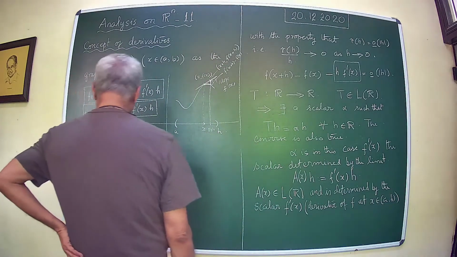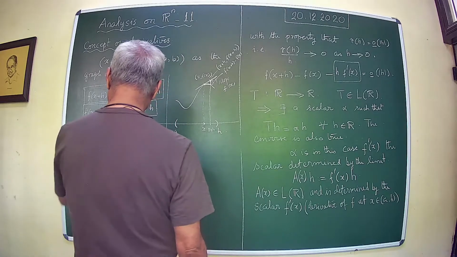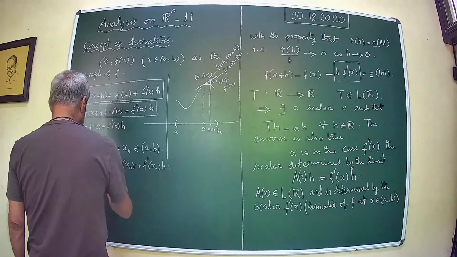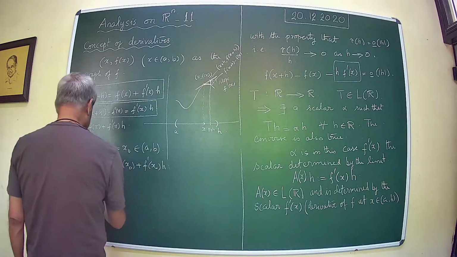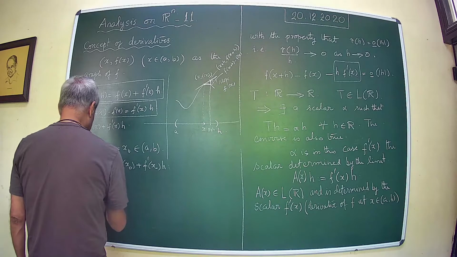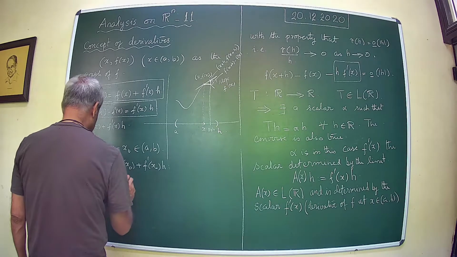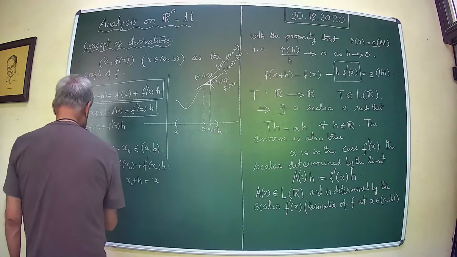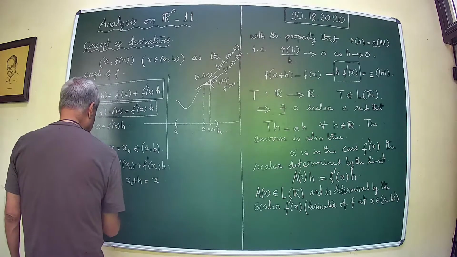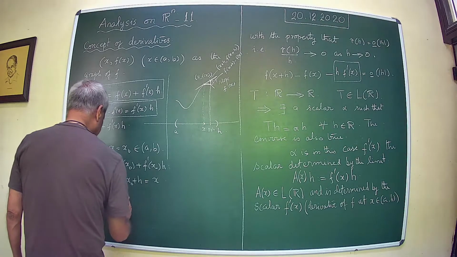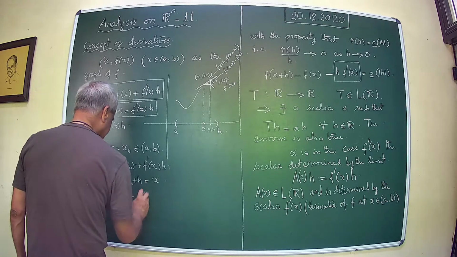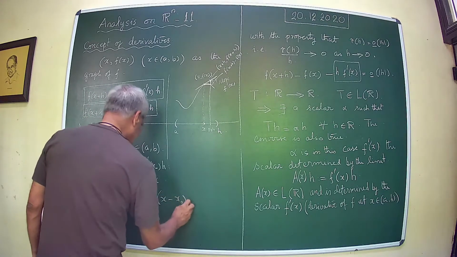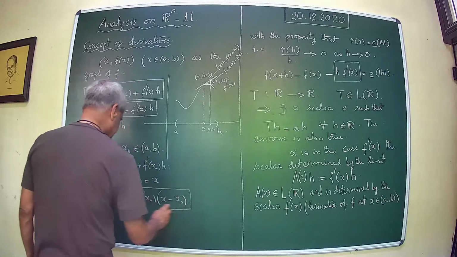Suppose I call this point x naught. Then what do you get? f of x equals f of x naught plus f derivative of x naught into x minus x naught. This is the equation.